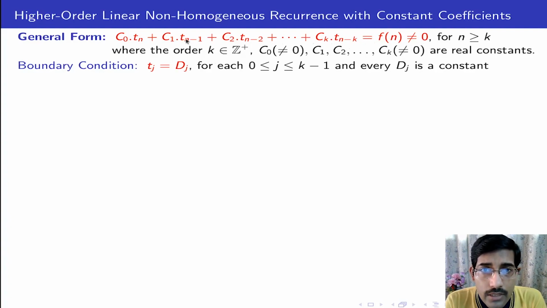The order is a positive number which says how many previous terms a particular recurrence term is dependent upon. Here C0 is not equal to 0 and Ck is not equal to 0.